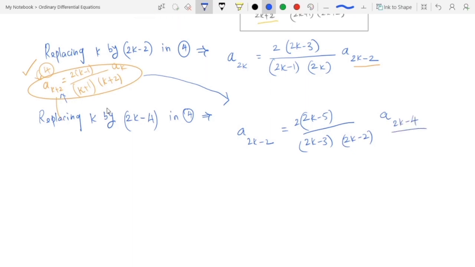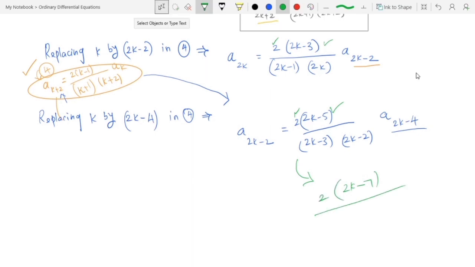Similarly, you can write a suffix 2k minus 4 without calculating, by comparing both the terms. In the numerator, multiple of 2, also 2k minus 3. Now 2k minus 3 minus 2, we get 2k minus 5. Automatically we can predict what will come next: 2k minus 5 minus 2, that is 2k minus 7, also a multiple of 2.